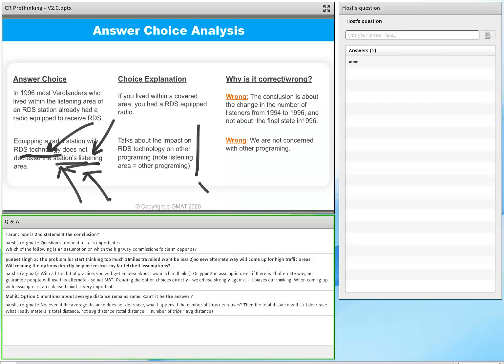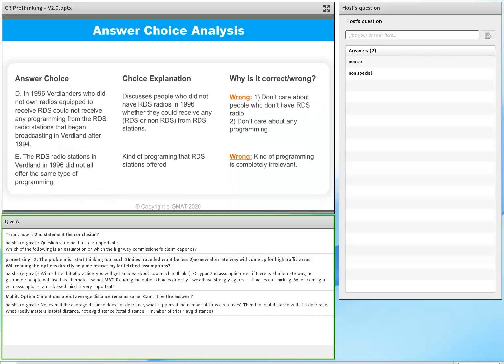None. So if the listening area is impacted, what kind of programming is impacted? Special or non-special? It's non-special, right? Because you can't go less than 0 when it comes to listening area. It has to be 0. Again, you could have just rejected it.